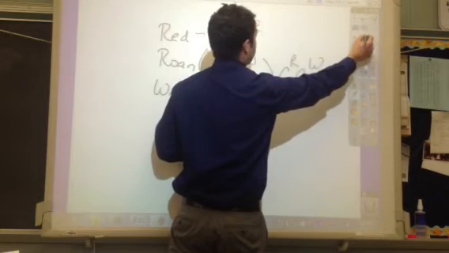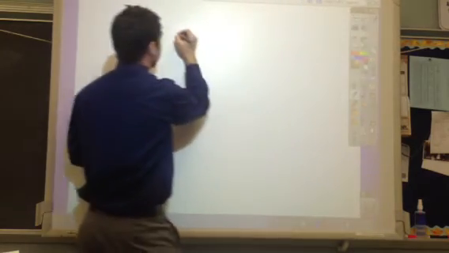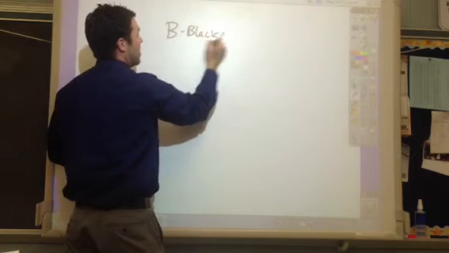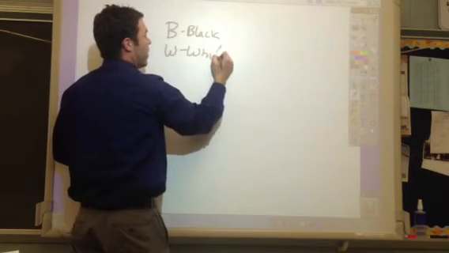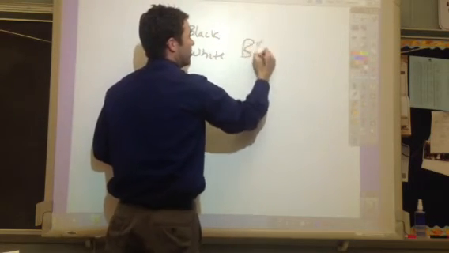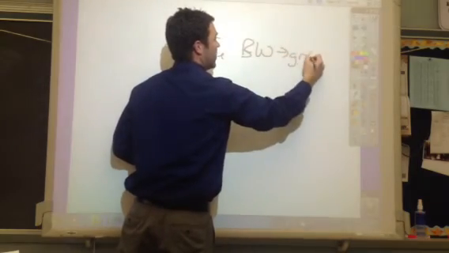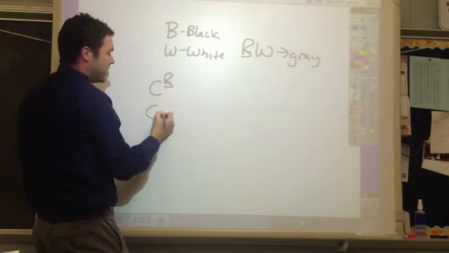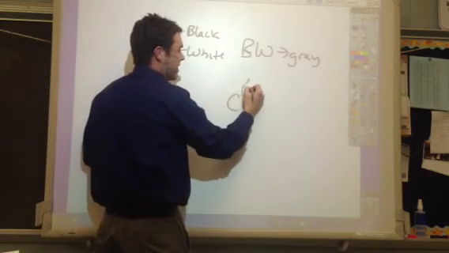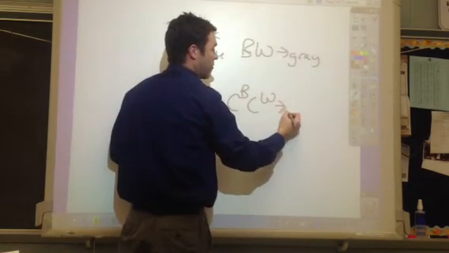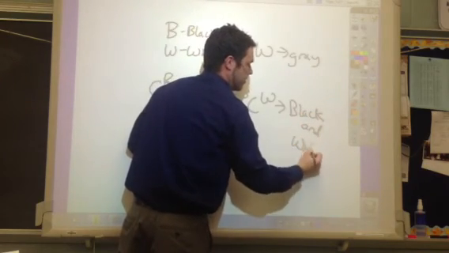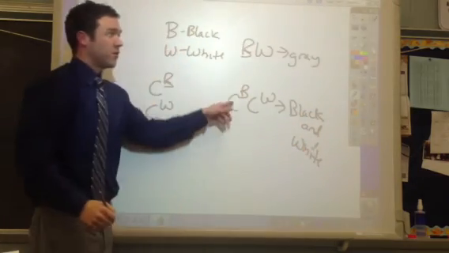So say, for example, if it says B is black and W is white, the notation warrants that this is gray because it's incomplete dominance. But if you see C^B, C^W, and you see this notation, it's not gray. It's black and white. It's an important thing to be able to decipher the notation.